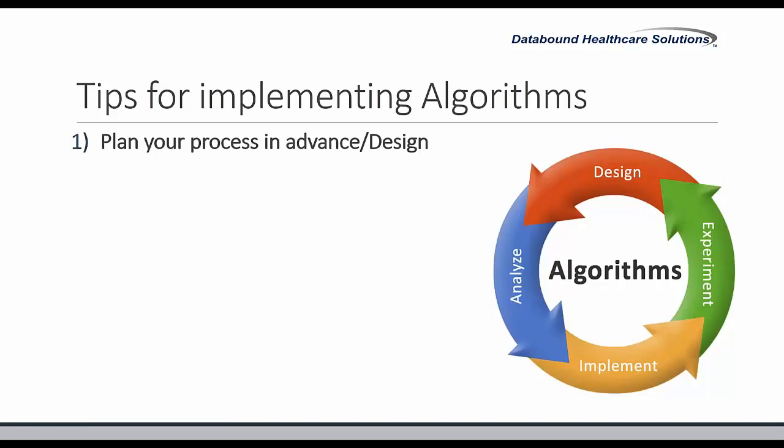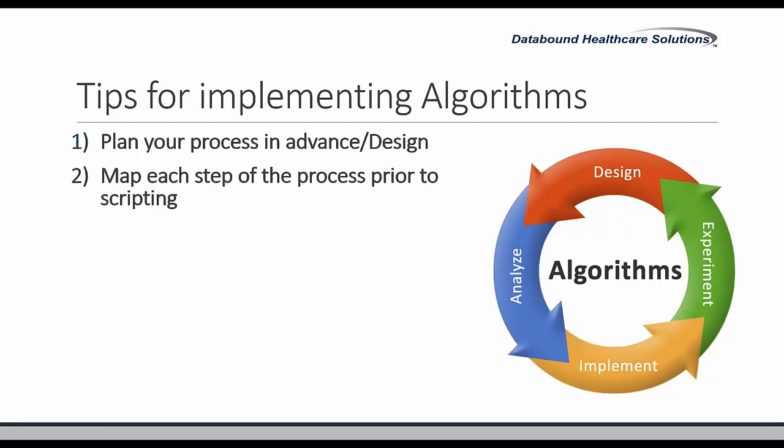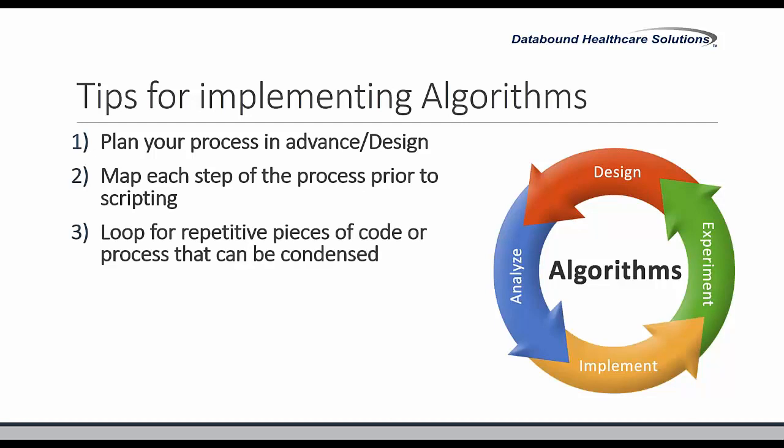The first step of the process is designing your algorithm, so planning your process and looking at what you need to accomplish. Next is to map each step of the process prior to scripting. Loop for repetitive pieces of code or process that can be condensed. So any types of loops that you can create, think about when you can pull that code out of your script and create a loop for it.